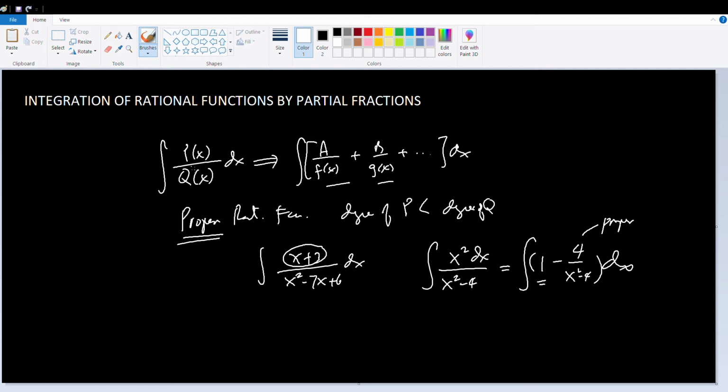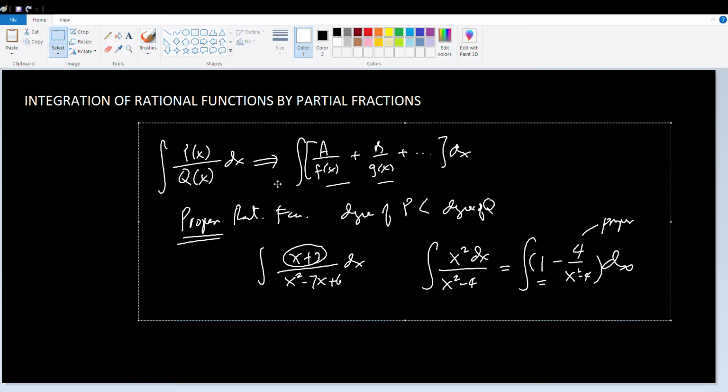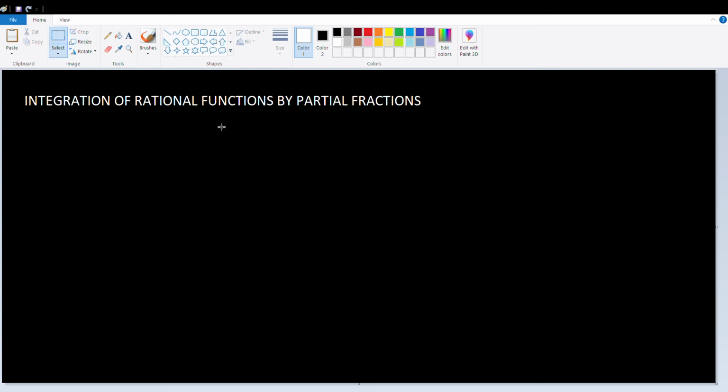So in this particular technique of integration, involving partial fractions, we will consider 4 different cases involving the factors in the denominator of a proper rational function.